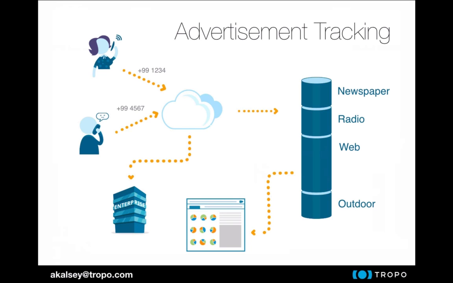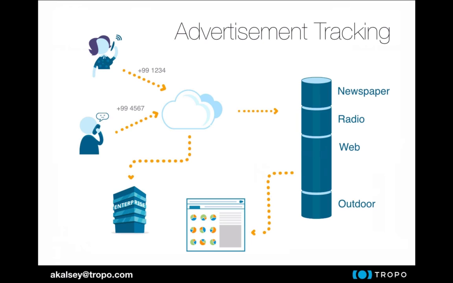Ad tracking. There's the old adage that I know half of my advertising dollars are wasted. I just don't know which half. Web advertising has helped with that a lot because you can actually track which ads are effective, how they're being used, what's happening. But when you're doing ads out in the physical world, that could be a lot more difficult to track. You have a telephone number that you've put in a newspaper ad. You have a phone number that you're advertising on the radio.